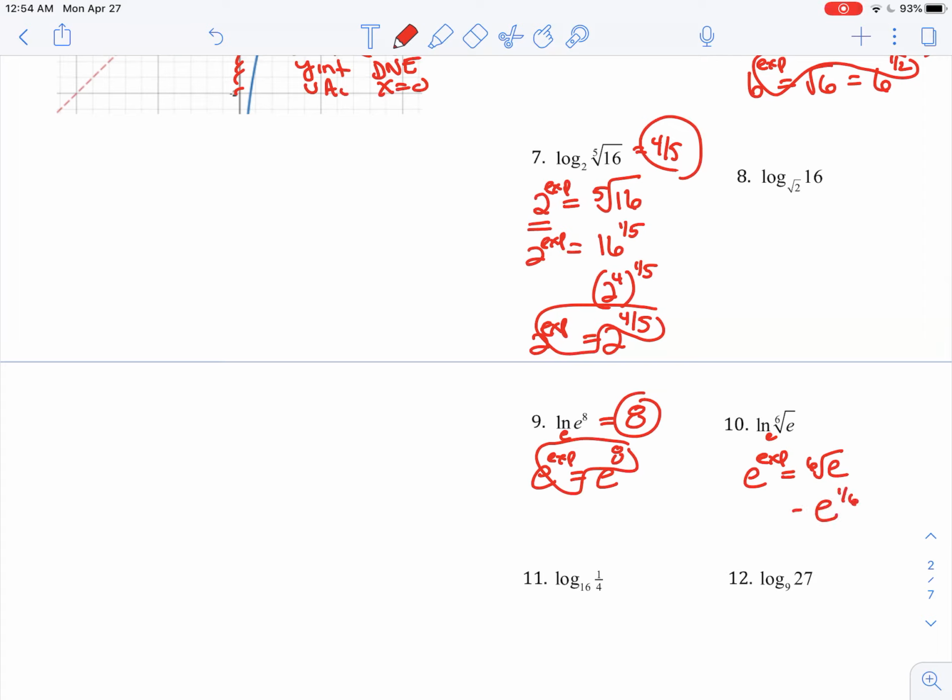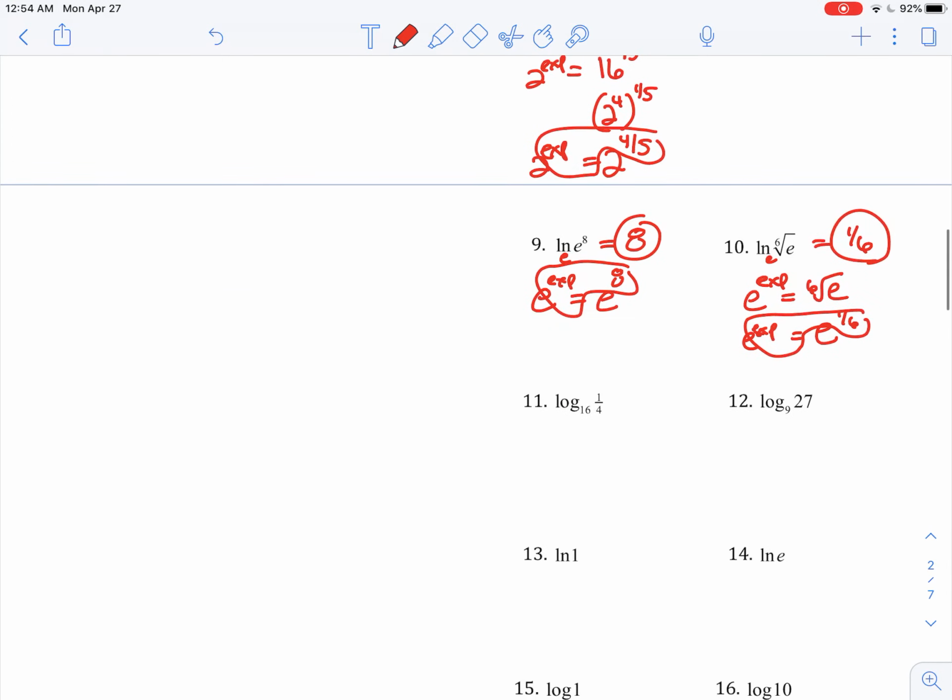Well, we know the 6th root of e is the same thing as e to the 1/6 power. And so if our bases are the same, then our exponents have to be equal. So the natural log of the 6th root of e, base e, is equal to 1/6.